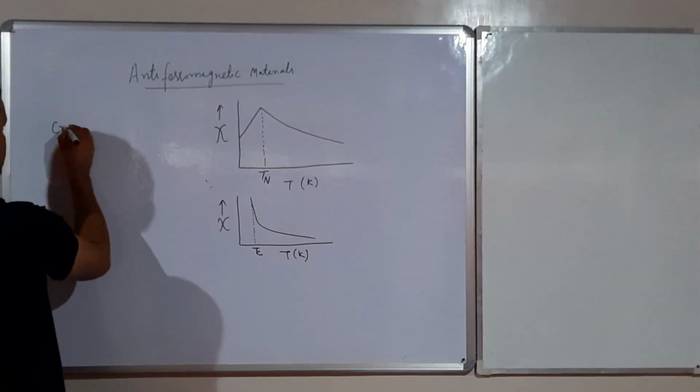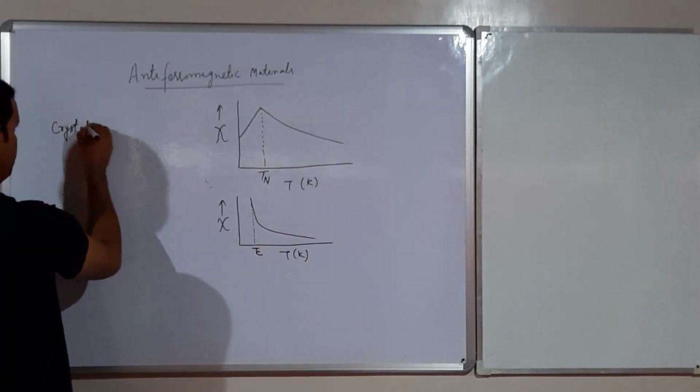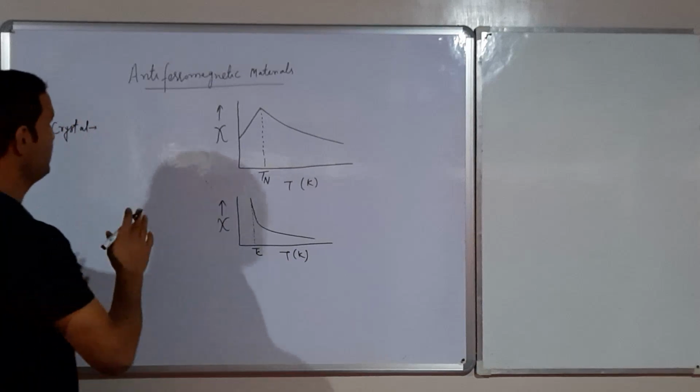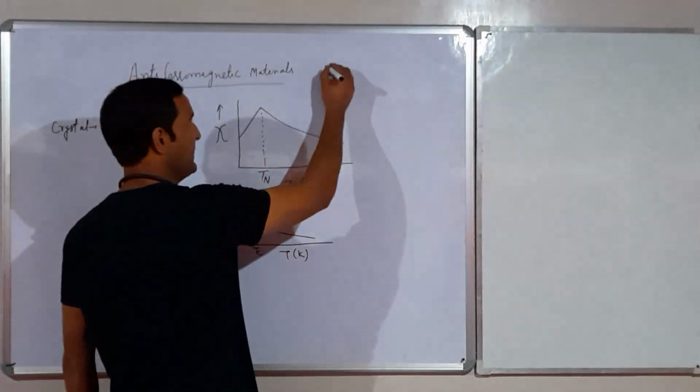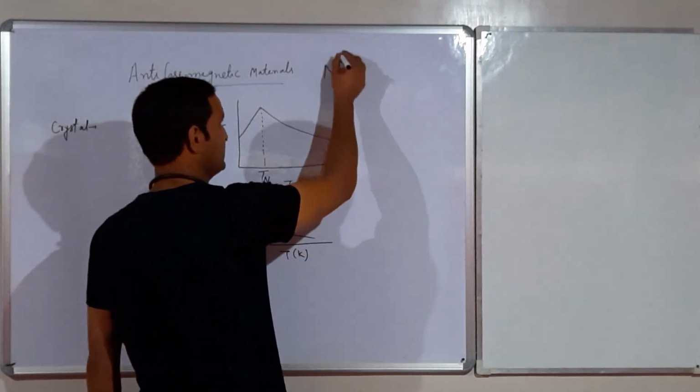This type of magnetic property of a material can be explained as follows. This type of behavior was first seen in the case of manganese oxide.